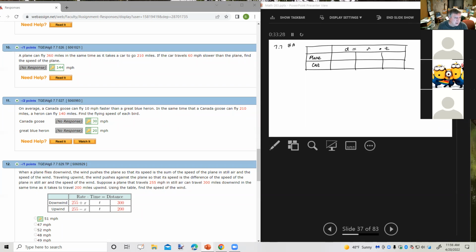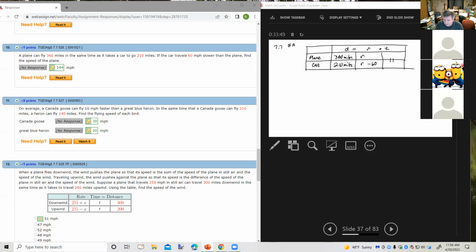The plane can fly 360 miles in the same time, so the times are equal, but a car can go 210 miles. The car travels 60 miles an hour slower, so if the plane is R, the car would be R minus 60. Find the speed of the plane.